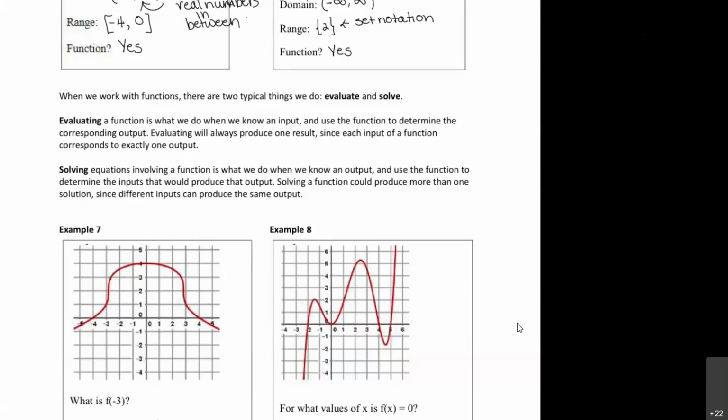Okay, never mind. I wanted to show you the TI of the Desmos. Here's what I can do if you want to see the TI-84, is I can show you that.